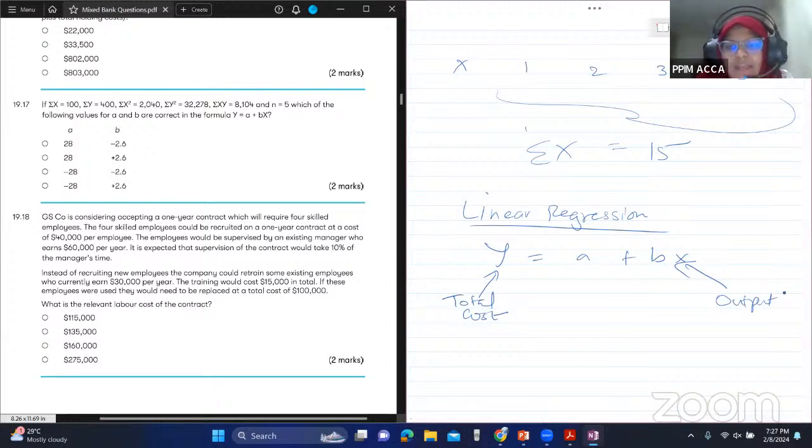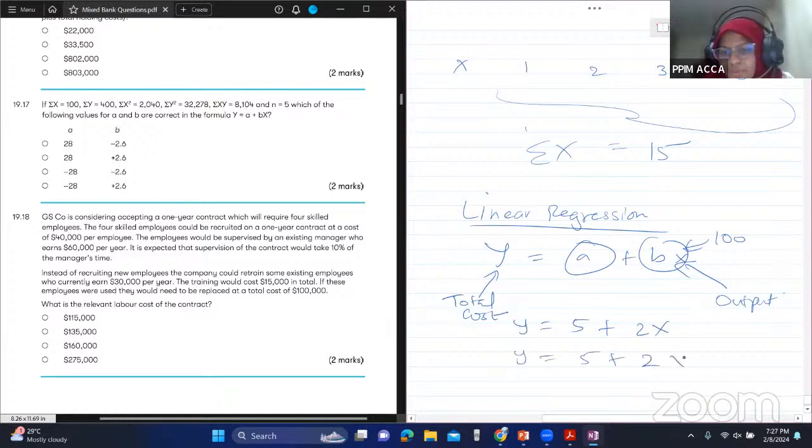If we want to know the total cost we will incur for, say, 100 discs, and we have the values for a and b, let's say a was 5 and b was 2, then all we have to do is take y equals 5 plus 2 into, instead of x, you can put 100. So that will be 200 plus 5, 205.